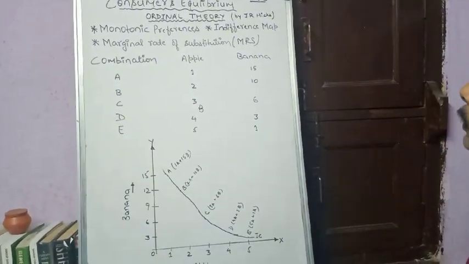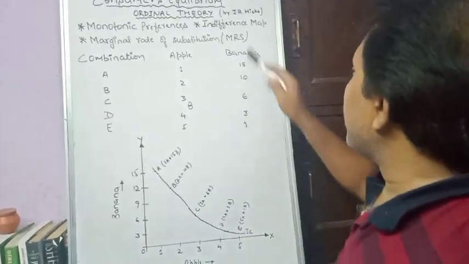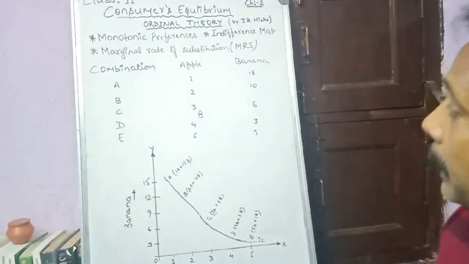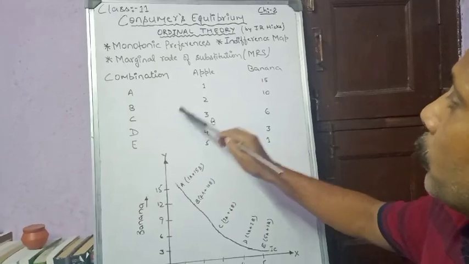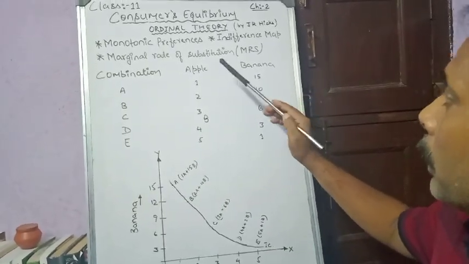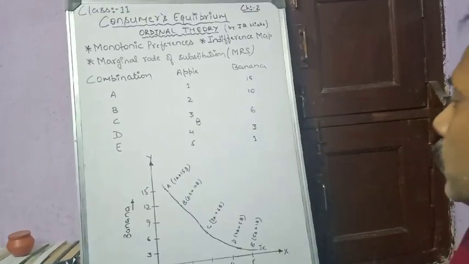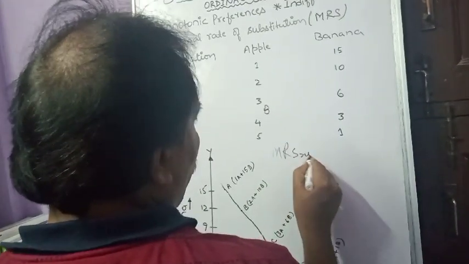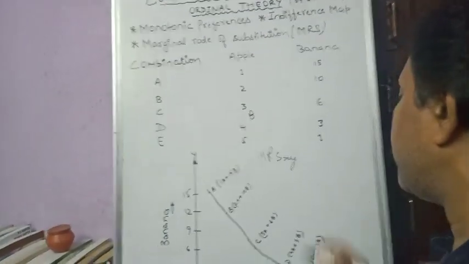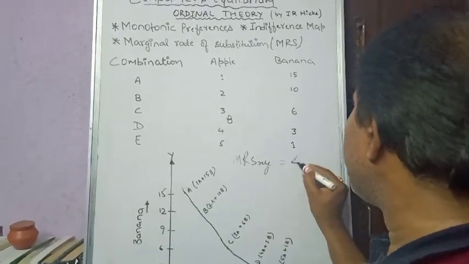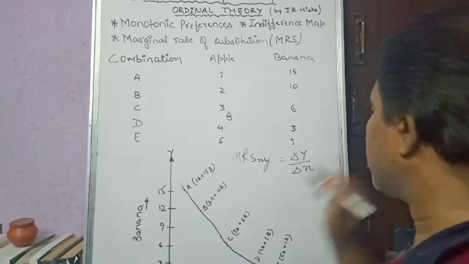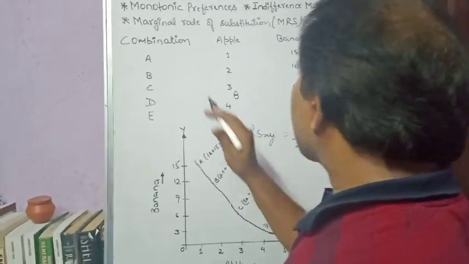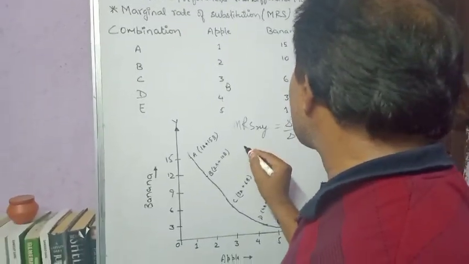It is denoted by MRS. The name is substitution, which means the rate at which a consumer is willing to substitute one good for another. Suppose MRS_XY, where X and Y are the commodities, then we can write it as delta Y by delta X. But in this schedule we have taken the two commodities, apple and banana.